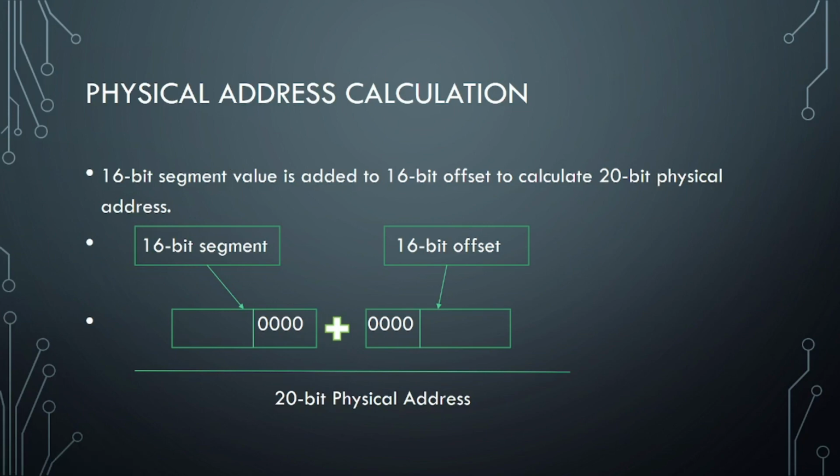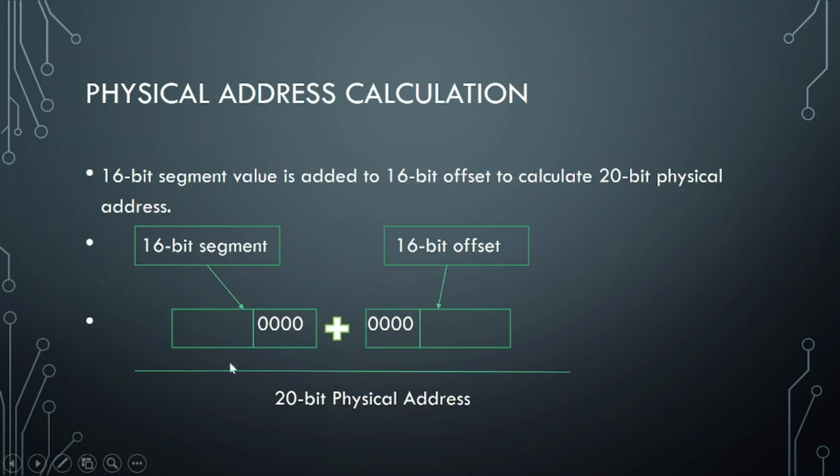We use segment and offset pair in such a way that we add them. 16-bit offset is added to 16-bit segment, but to fulfill 20-bit physical address we need 5 nibbles. 1 nibble is equal to 4 bits. It means we have to add 5 nibbles into 5 nibbles. Moreover, if we add 16 bits into 16 bits, the result would be 32 bit. But we need 20-bit physical address.